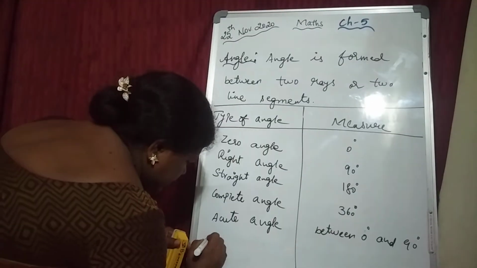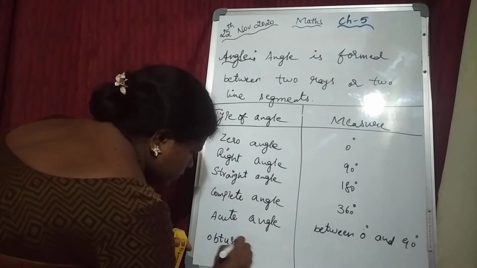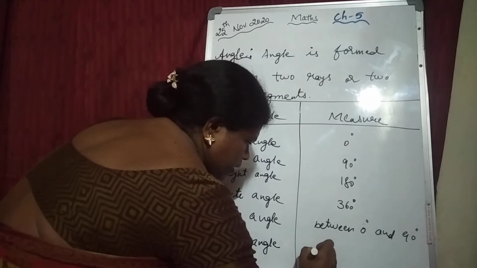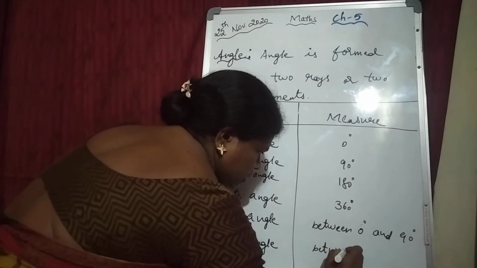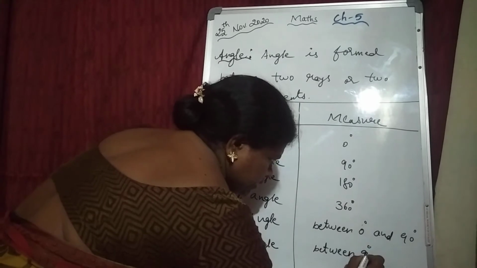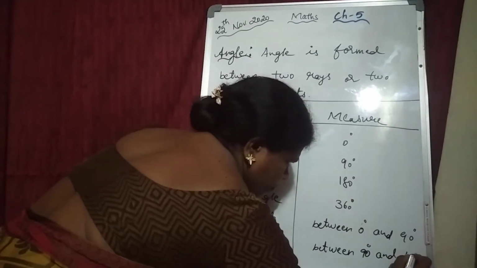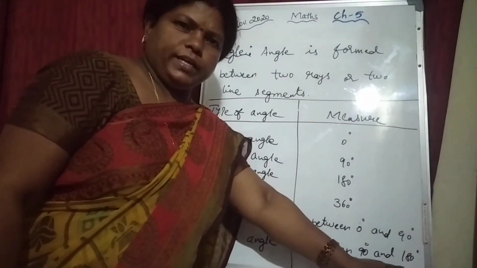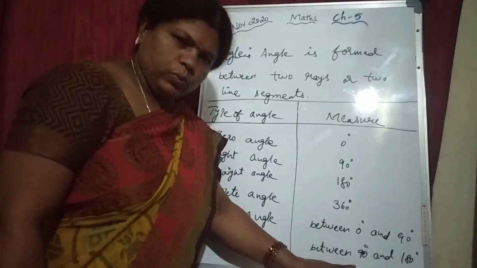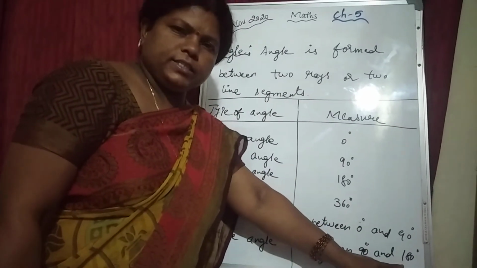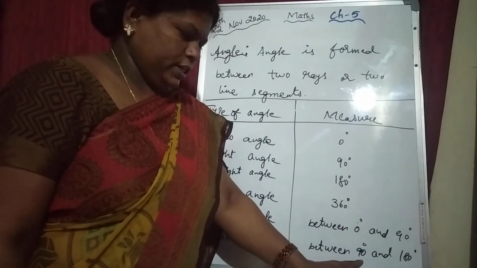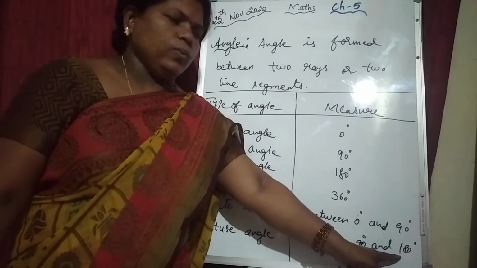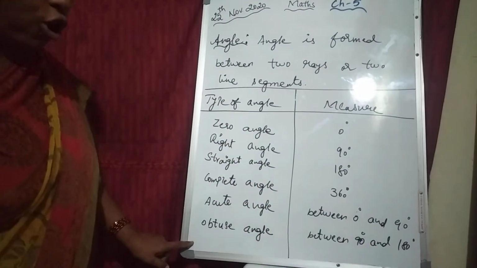Then obtuse angle is between 90 degrees and 180 degrees. 90 and 180 are not included. We start from 91 and end at 179 degrees. Between means the end numbers are not included. So this is an obtuse angle.